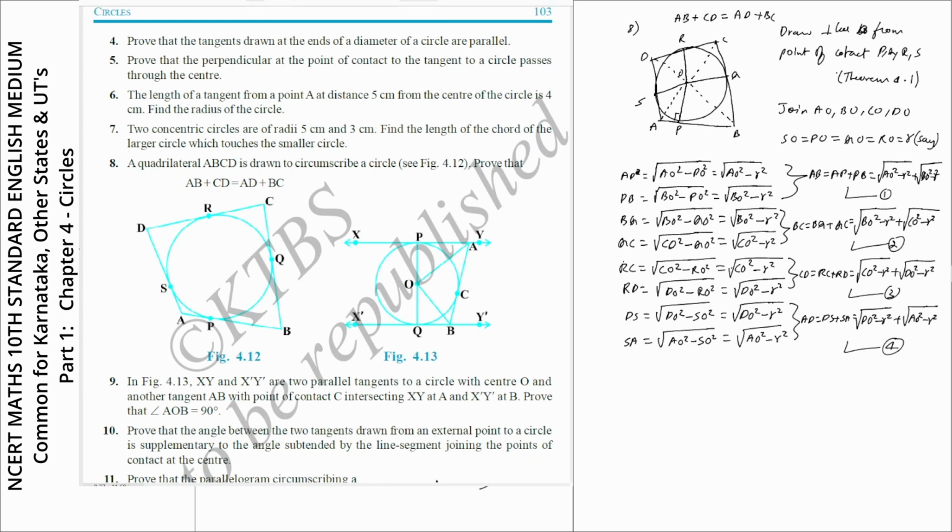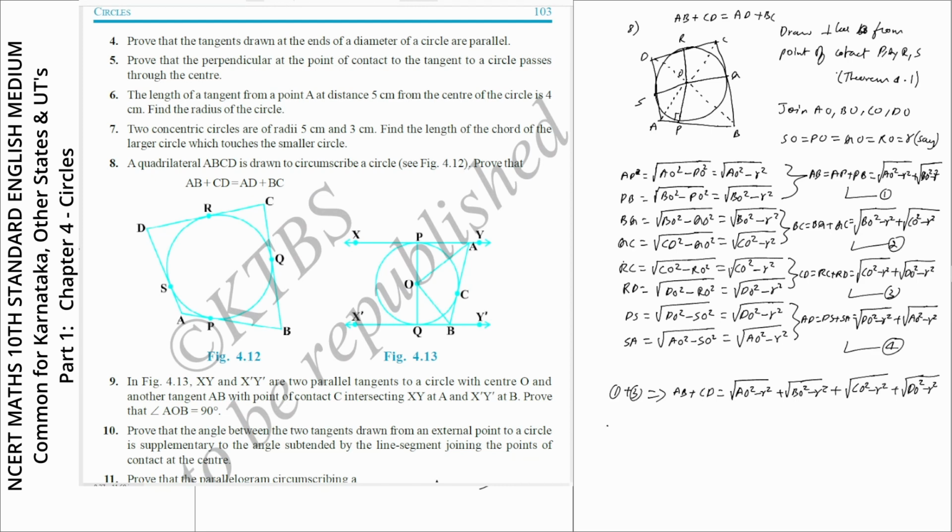Now what is 1 plus 3? 1 plus 3 gives me AB plus CD. So AB is square root of AO square minus R square plus square root of BO square minus R square, plus CD is square root of CO square minus R square plus DO square minus R square.